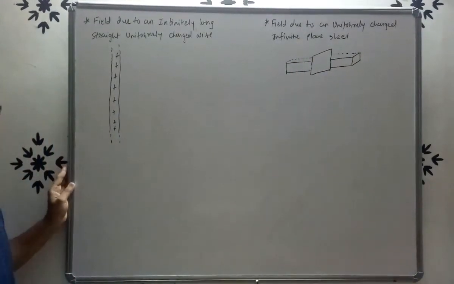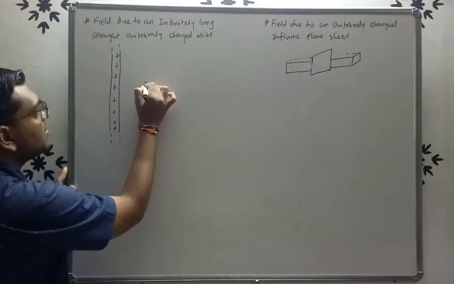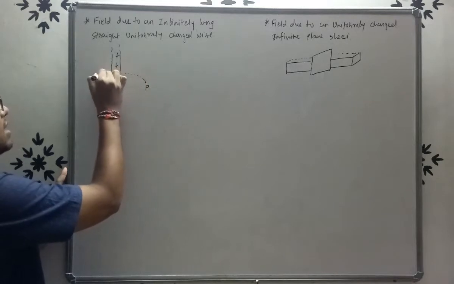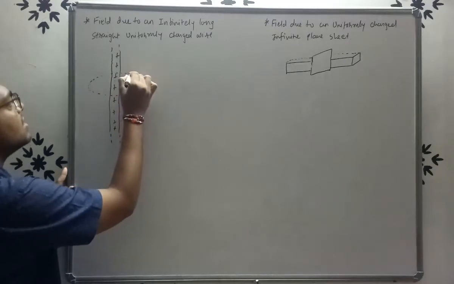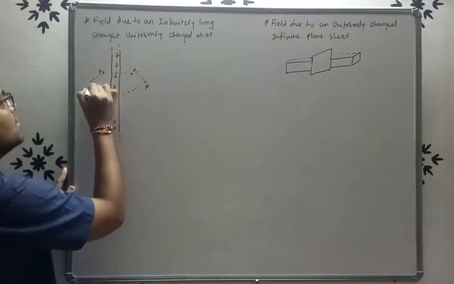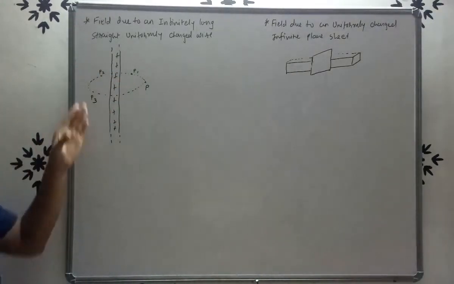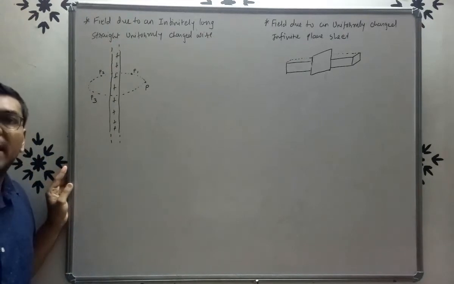Here at this point we consider point P, and if we rotate this point then we get different points on it, like P1, P2, P3. We get different points, but since this is an infinitely long wire, the electric field remains the same, right?